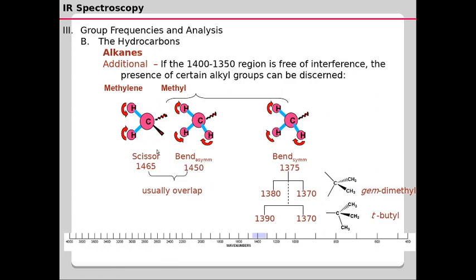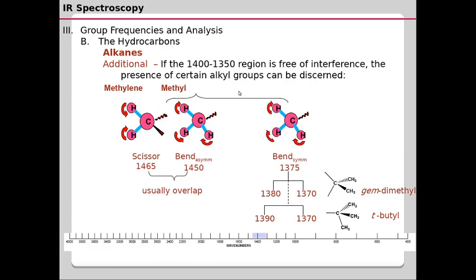Usually the scissoring vibration of the methylenic system and the asymmetric bending vibration of the methyl system overlap, and when they overlap, it's not really easy to distinguish which band is due to which vibration.